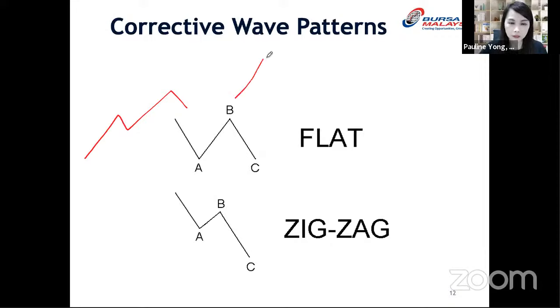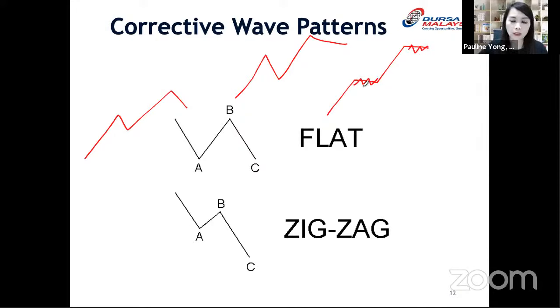Sometimes the correction can be horizontal, and then go up and then horizontal. Within this horizontal, you are looking at this kind of trend. I just want to show that it is horizontal, but the trend is actually a zigzag inside.